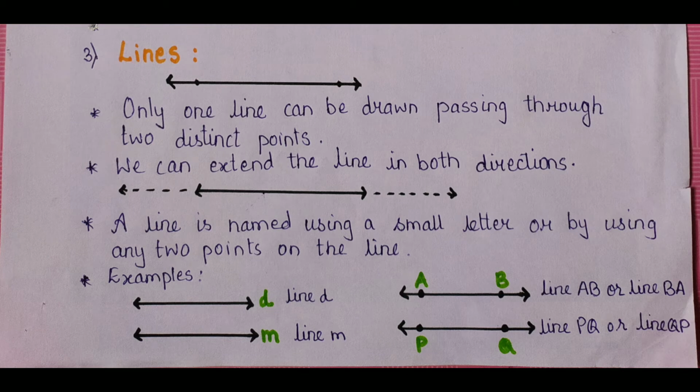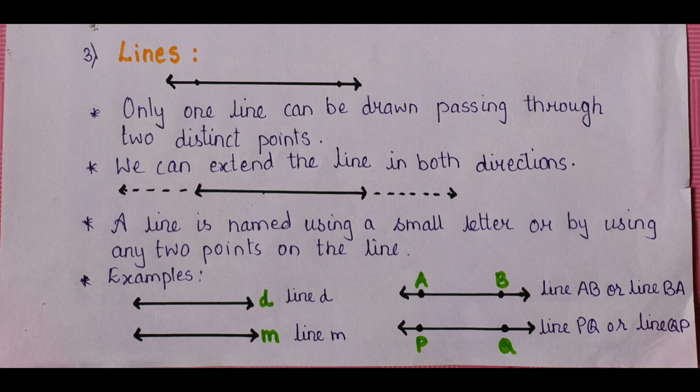Third point, lines. Only one line can be drawn passing through two distinct points. We can extend the lines in both directions. A line is named using a small letter or by using any 2 points on the line. In the examples, I have named the first 2 lines using small letters.